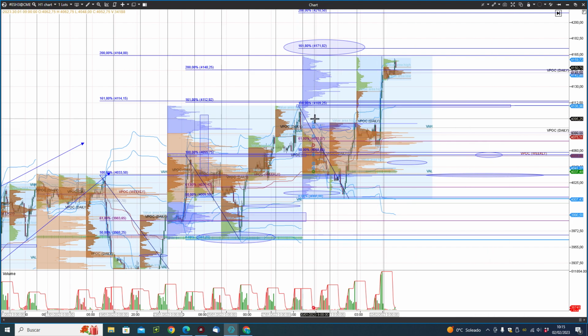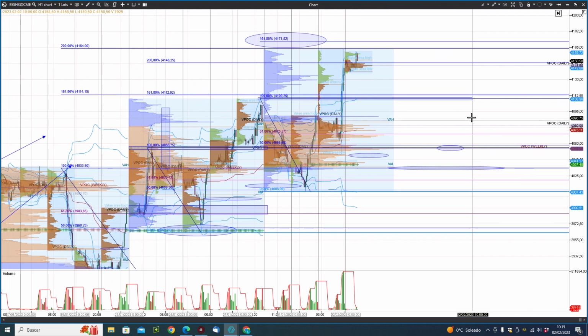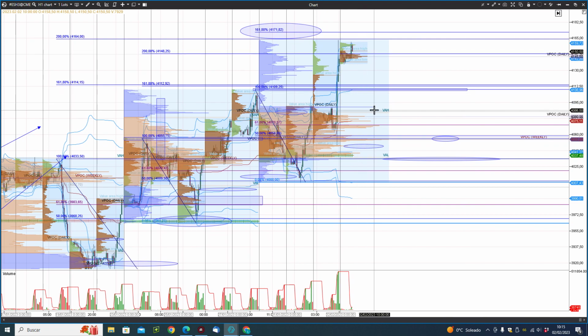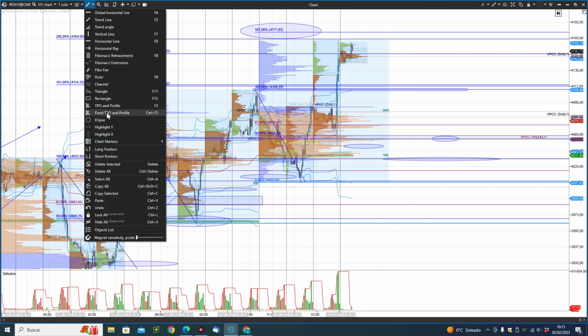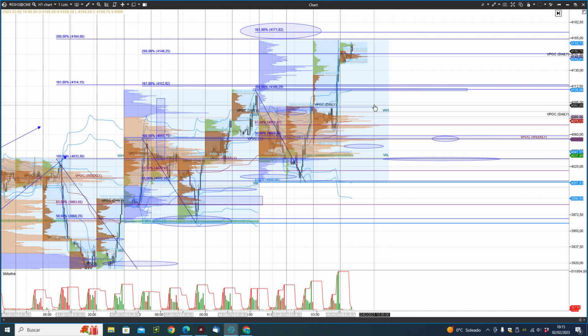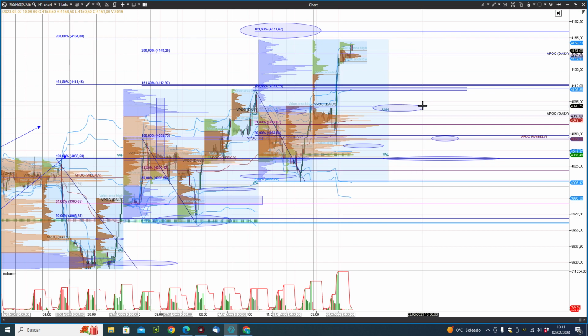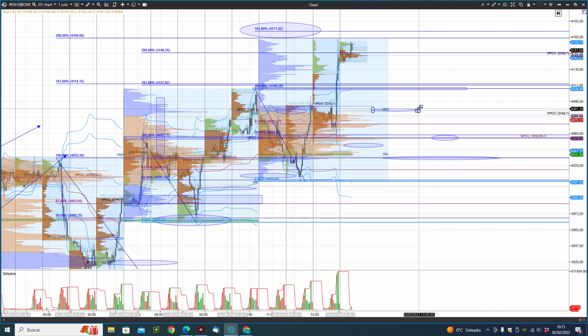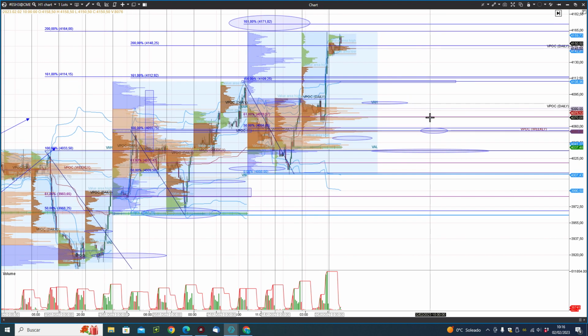It was a resistance, now is a support, and then if we go into the value area, of course second target will be the value area high point approx at 4,084, and then two high volume nodes.